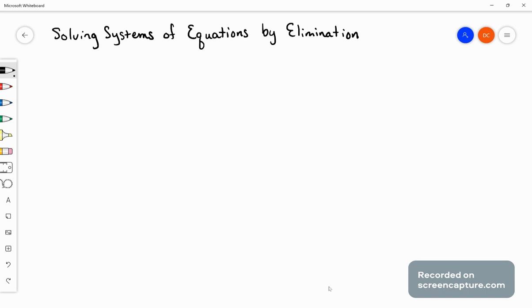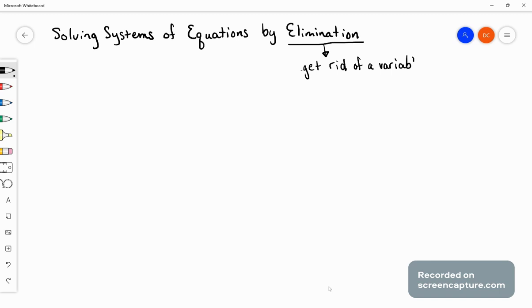Now with the elimination method, we want to eliminate a variable. So get rid of a variable when you're adding or subtracting your two equations.